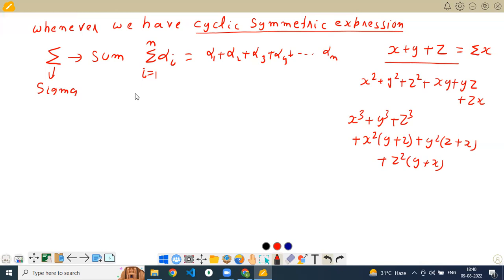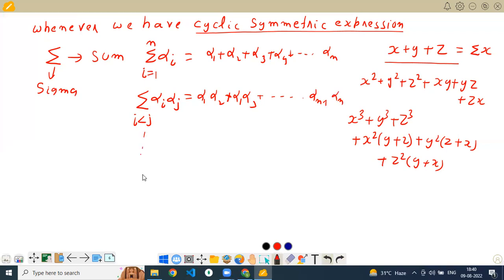I can write summation of alpha i alpha j where i is less than j. Then I can write it as alpha 1 alpha 2 plus alpha 1 alpha 3 and all the combinations of i and j till alpha n minus 1 alpha n.